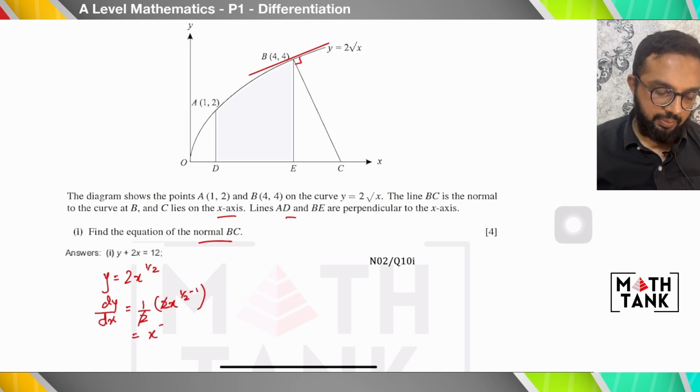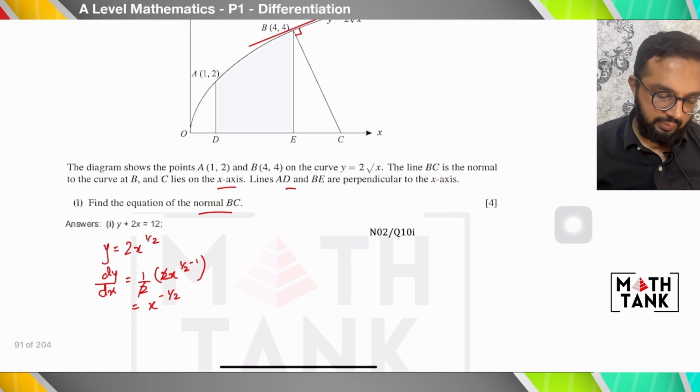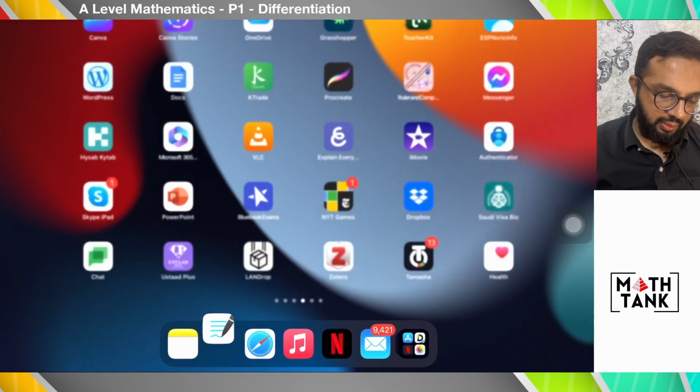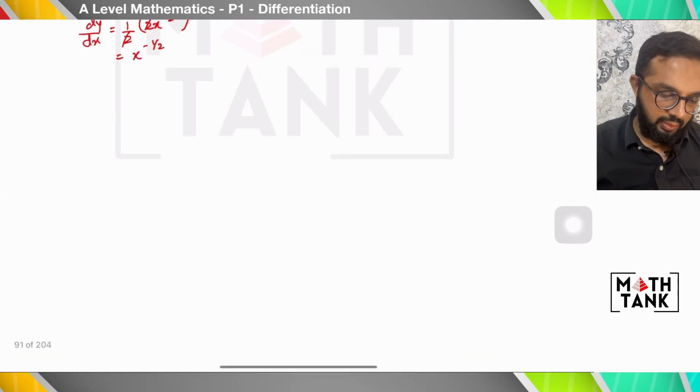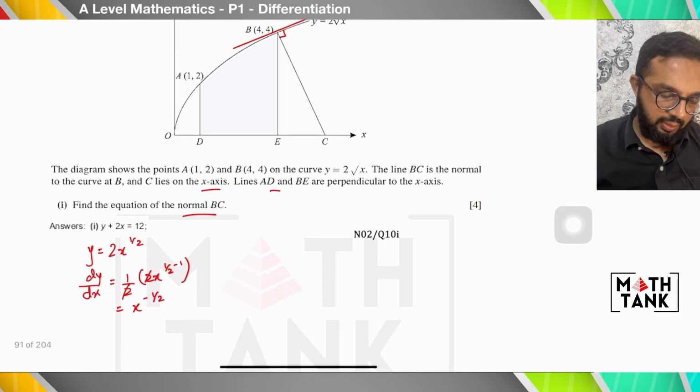So I get x power minus half. Then dy by dx at the point 4 is 4 power minus half, which is 1 over 2. That's the gradient of the tangent.